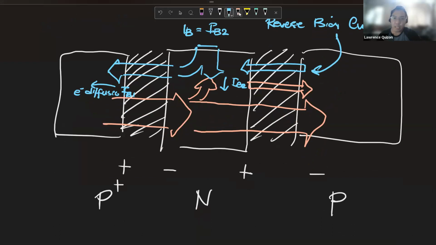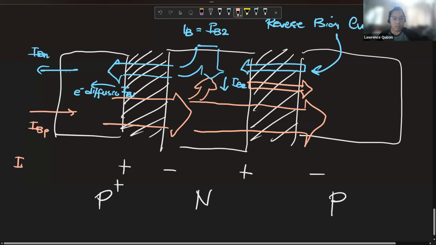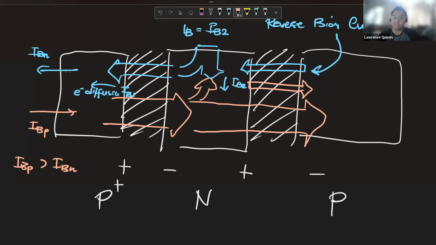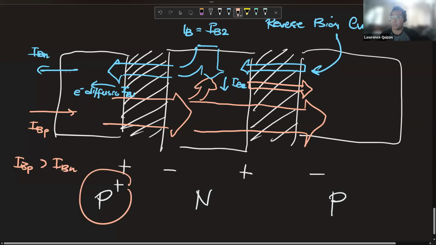A thing that we can note, though, is this fact. We have a P part of the base current. We also have an N part of the base current, right? And we said that the P part must be quite a bit greater than the N part because of the fact na P plus to. That's true.